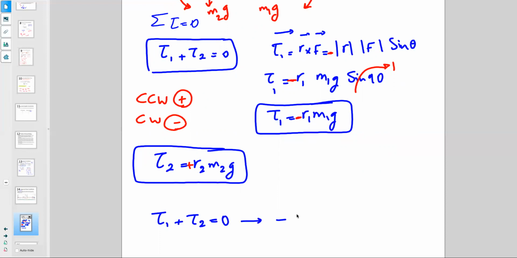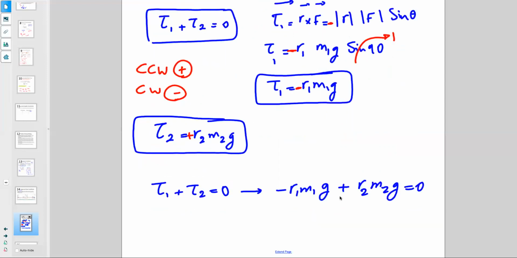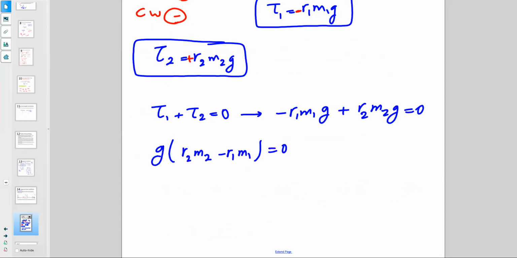So negative R1 M1 g plus R2 M2 g should be equal to 0. We can factor out g and get rid of it. In other words, g times (R2 M2 minus R1 M1) should be 0.